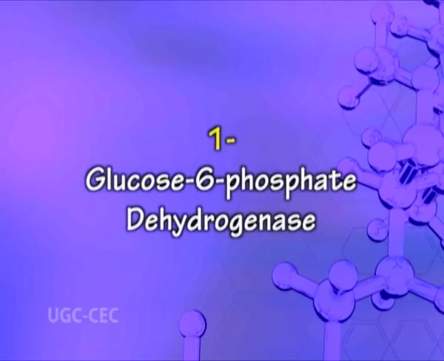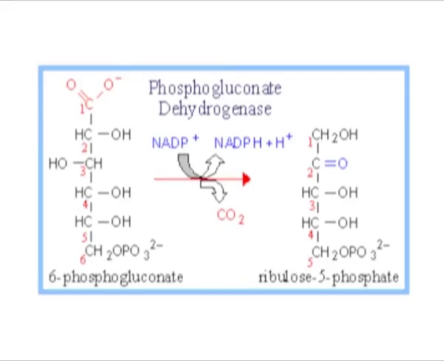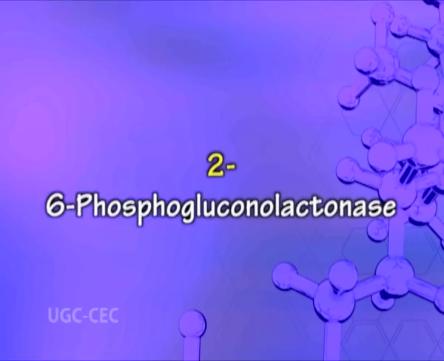Number 1. Glucose-6-phosphate dehydrogenase. It catalyzes oxidation of the aldehyde at C1 of glucose 6-phosphate to a carboxylic acid in ester linkage. NADP+ serves as electron acceptor. Number 2. 6-phosphogluconolactonase.